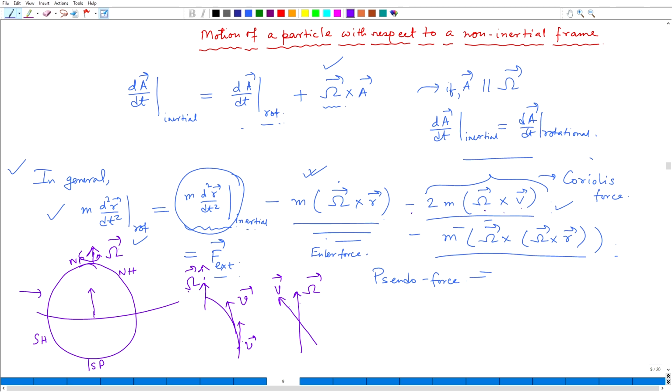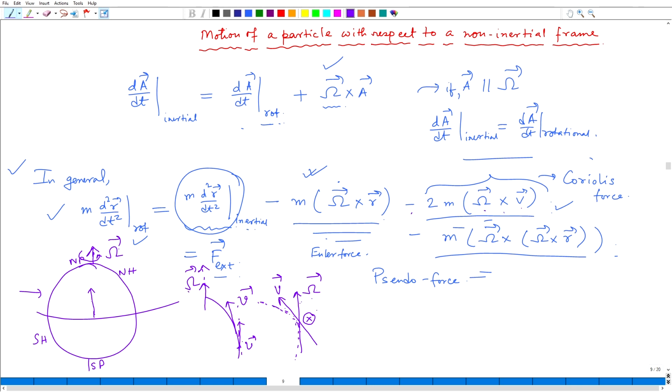In this type of diagram, if this is the earth surface, I can shift omega parallelly to here. So, v cross omega, with the right-hand corkscrew rule, should go inward with respect to the plane of the paper.